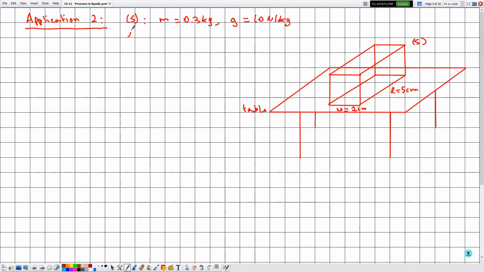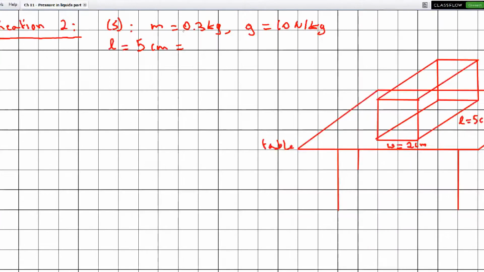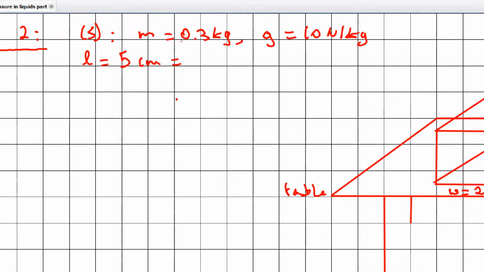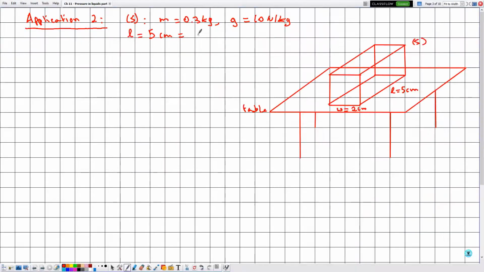Knowing that centimeters is not the SI unit of length, in order to convert from centimeters to meters, we simply divide by 100. So 5 divided by 100, then the length is 0.05 meters. And the width is 2 centimeters, so 2 divided by 100, then the width is 0.02 meters.